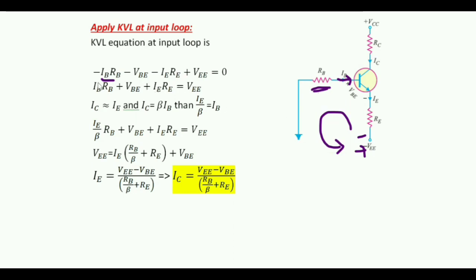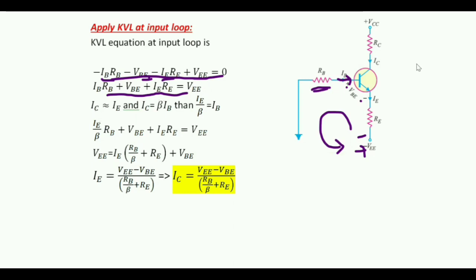So we take minus IB RB and minus VBE, then minus IE RE, the voltage drop across the emitter resistor, and VEE, the voltage we provide in the negative direction to the emitter. This is the KVL equation at the input loop, and if we simplify it we get IB RB plus VBE plus IE RE is equal to VEE.